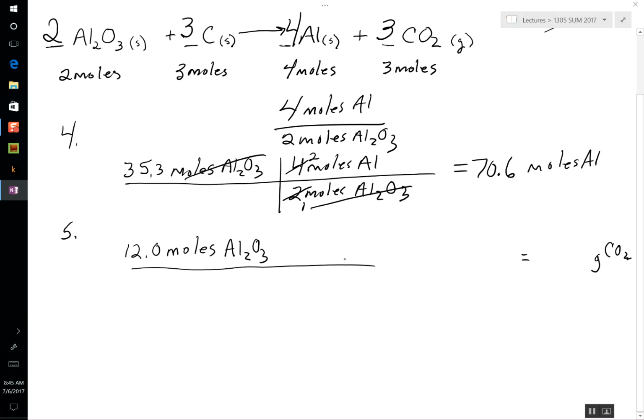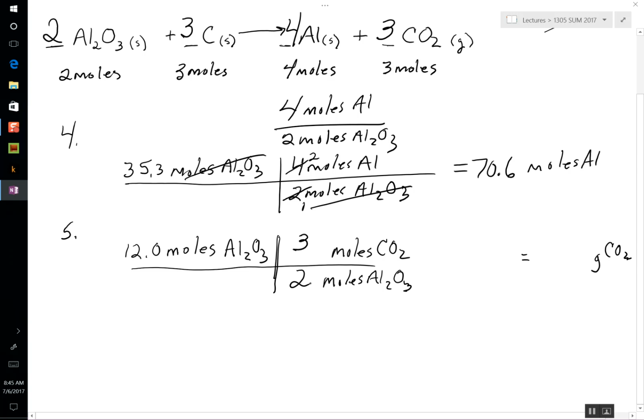So now I'm going to put moles of aluminum oxide down here, and I'm going to put moles of CO2 up here, because I want to convert from moles of this to moles of that. And I'm going to take the coefficient right from the equation. Oh, that's not a 4, that's a 2. Sorry, that's a 2.